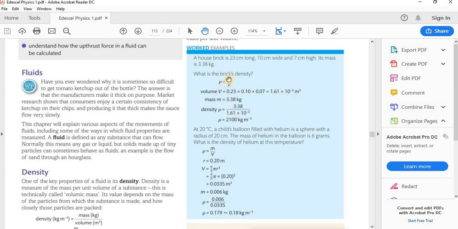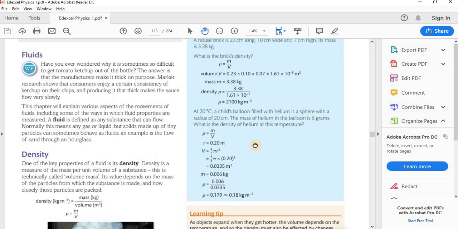The mass is given, so we use this formula and substitute those values into the formula, and then we get this. And then the density of the brick is 2100 kilograms per cubic meter. And if you want to convert this to grams per cubic centimeter, you divide by 1000. So it will be 2.1 grams per cubic centimeter.